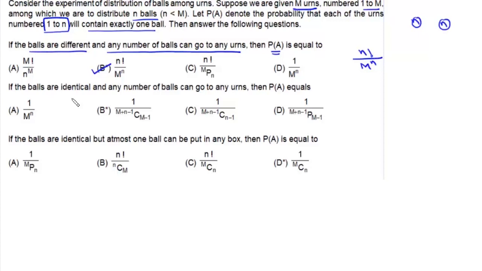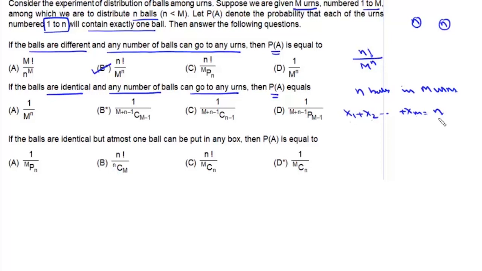Now the second one is, if the balls are identical and any number of balls can go to any urn, then this PA is equal to what? Now first we have to distribute these n balls in m distinct urns. Now this is x1 plus x2 plus up to xm, and it must be equal to n, where x1 is the number of balls in the first urn, x2 is the number of balls in the second urn, and xm is the number of balls in the mth urn.